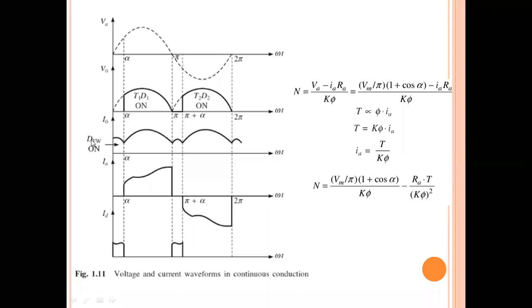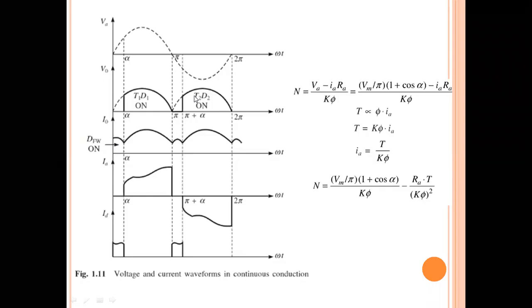DFW means freewheeling diode. So during this small duration and this small duration, only the freewheeling diode will act in order to make the current continuous. This freewheeling diode will conduct from 0 to alpha, and from pi to pi plus alpha.